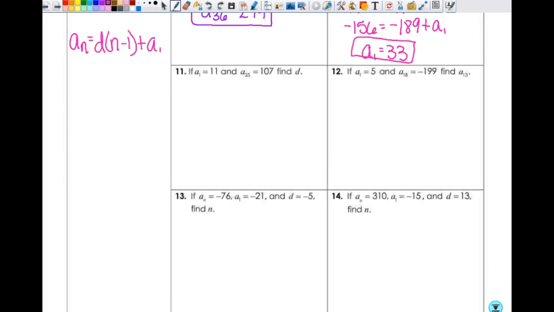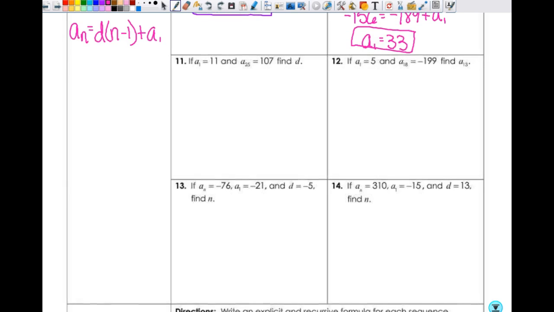All right. Let's find d, and then I'll have you do a couple of them. So we're going to write down a sub n is equal to d times n minus 1 plus a sub 1. I substitute in everything I know. Do you know a sub n? Yes, it is 107. That's equal to d, which we don't know. What's n? 25 minus 1, and then plus 11.